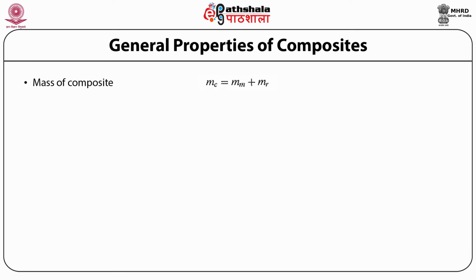General properties of composites. Now let us look at the general properties of composites. First property is the mass of the composite.